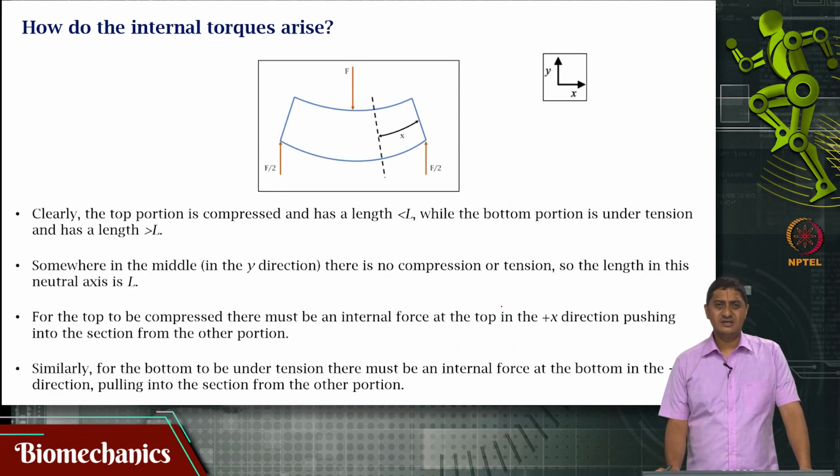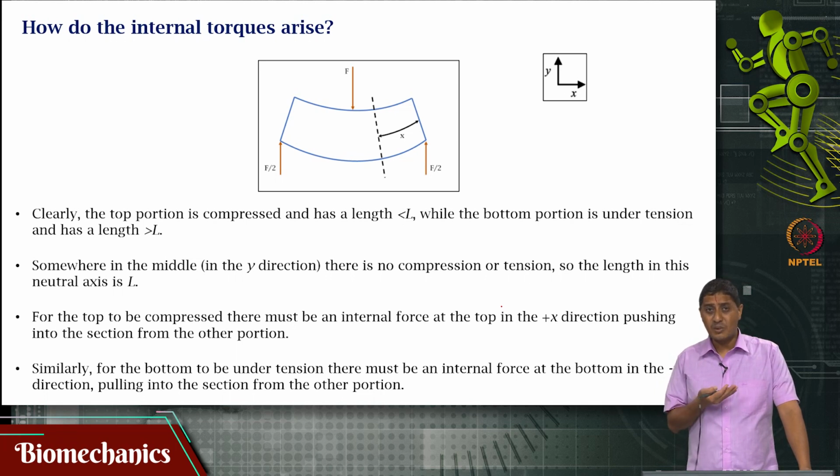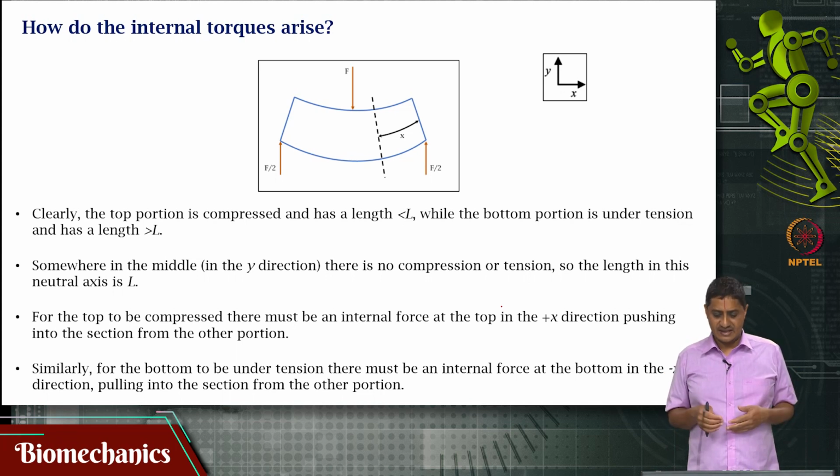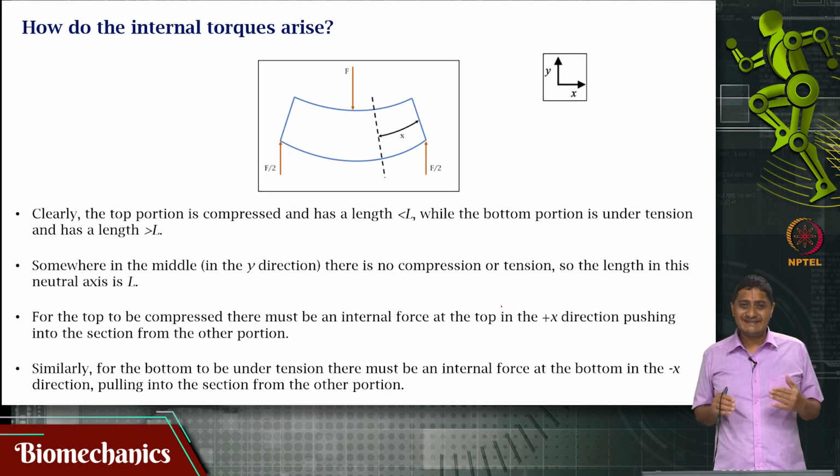Of course, as I mentioned earlier, the top portion of this ruler is compressed and has a length less than L. The bottom portion of the ruler is elongated and has a length greater than L. So, the top portion is in compression and the bottom portion is in tension.